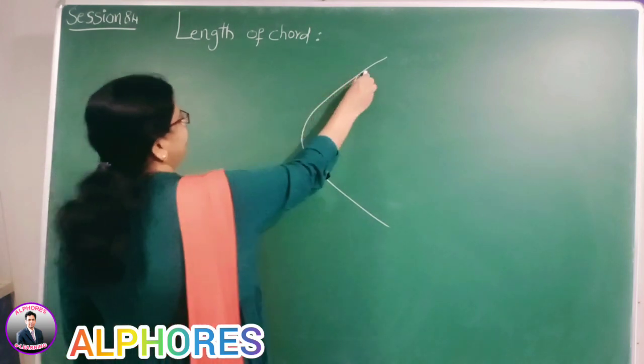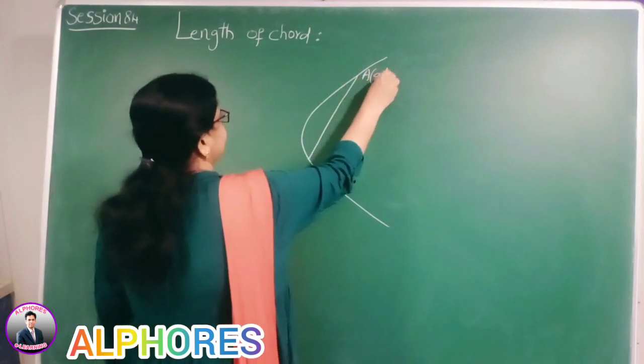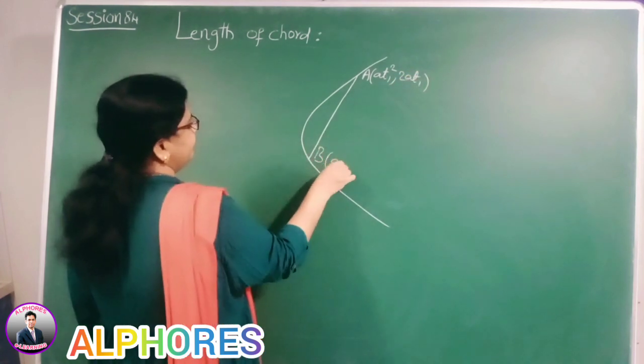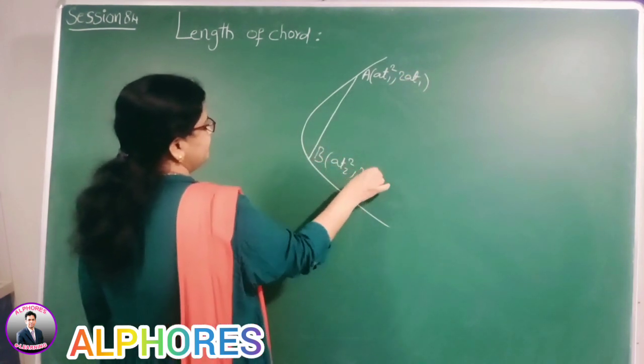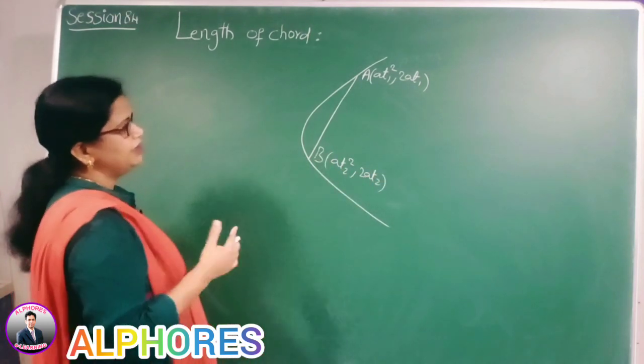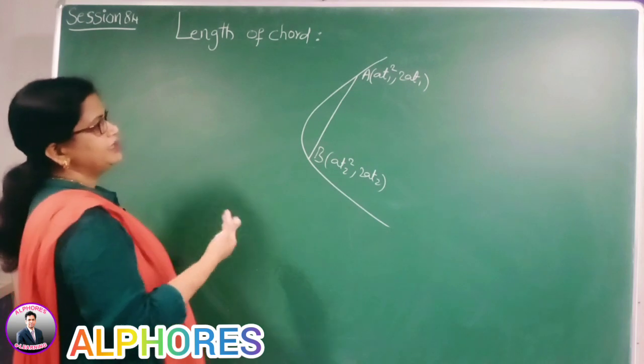Now this is the point here: A is at1 square comma 2at1, and B is at2 square comma 2at2. We are finding, students, the length of the chord joining 2 points. It is not a new formula, it's just our distance formula.